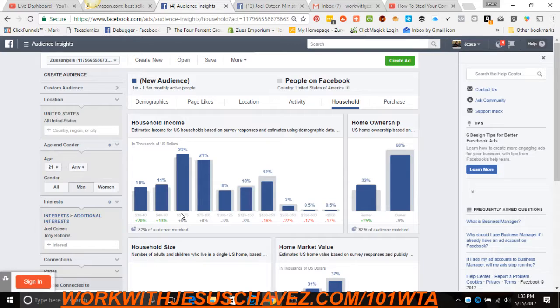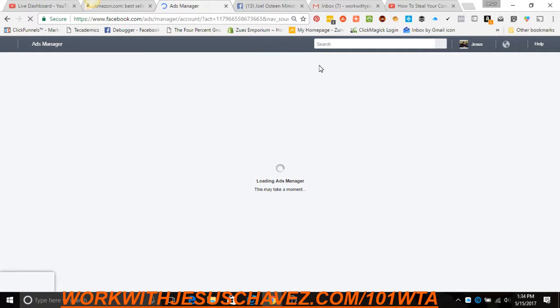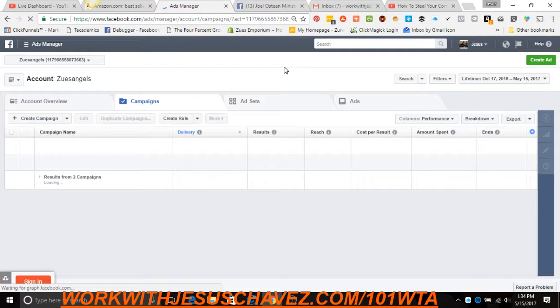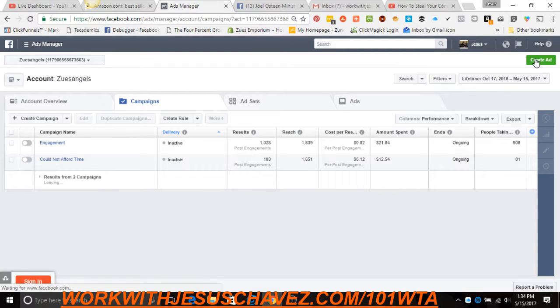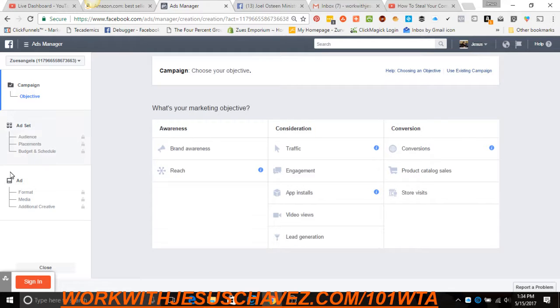If you have a little extra money to spend and you're willing to spend money for data, then go right ahead. Just go ahead and jump into the Ads Manager. You can create an ad and just go through here.